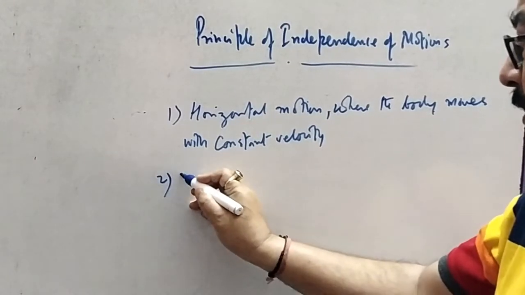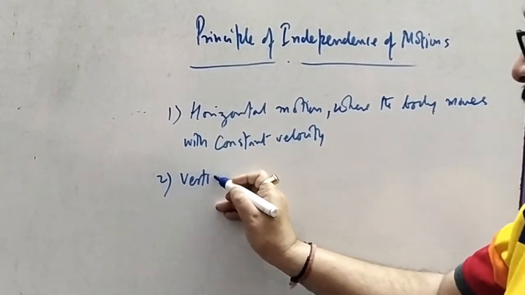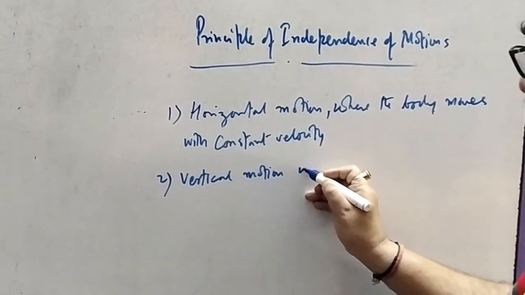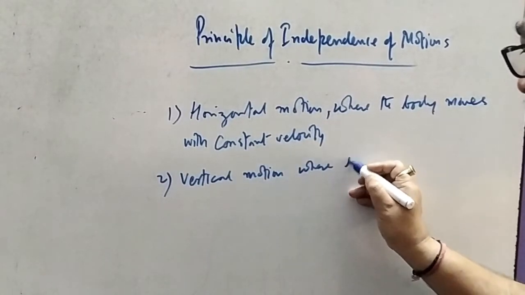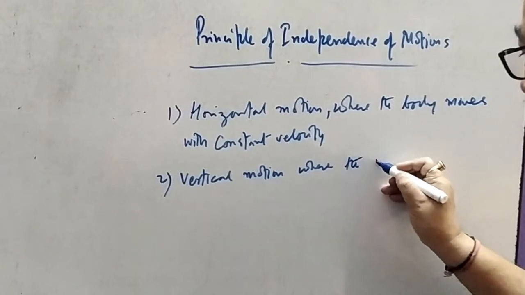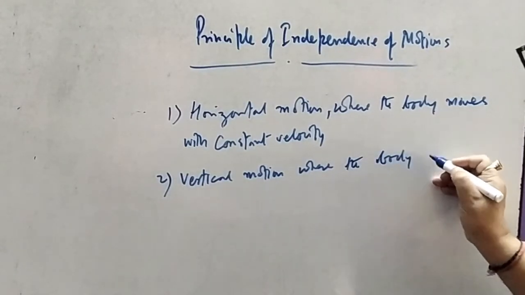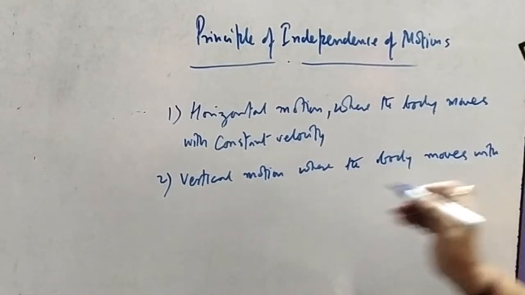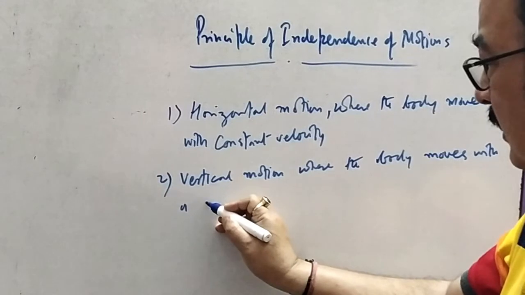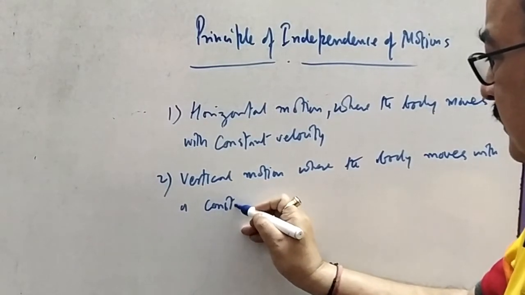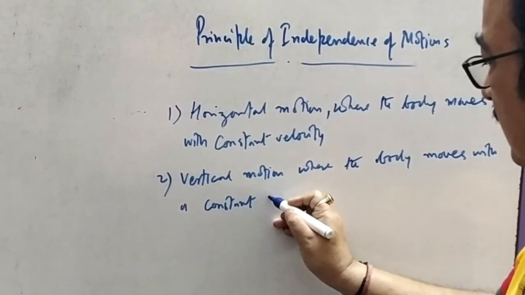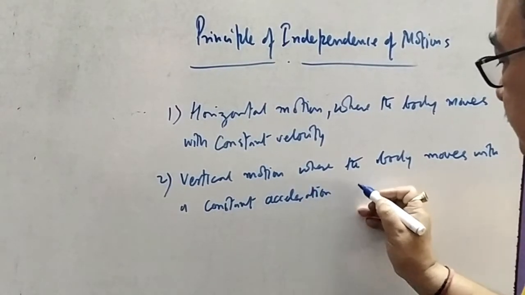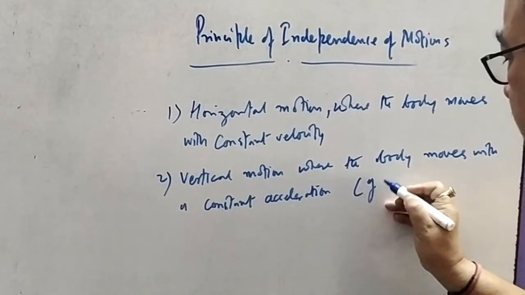Number two, a vertical motion, where the body moves with a constant acceleration, that is acceleration due to gravity.